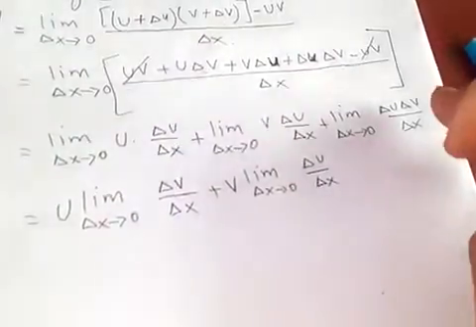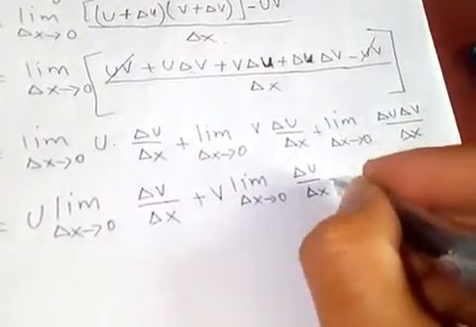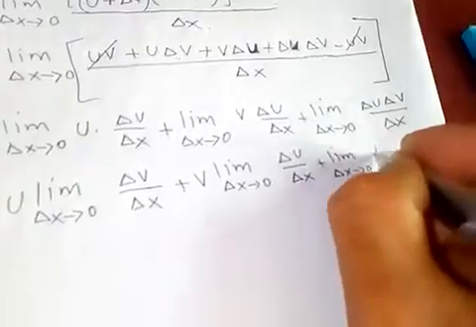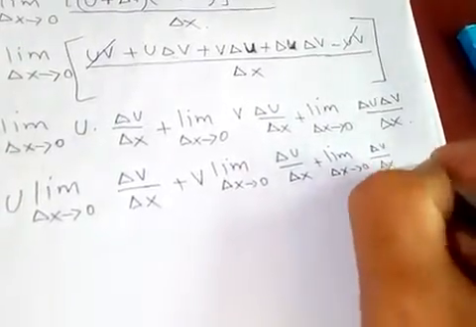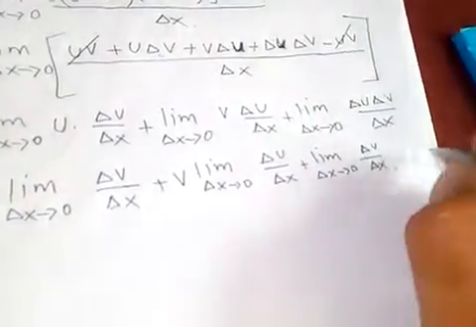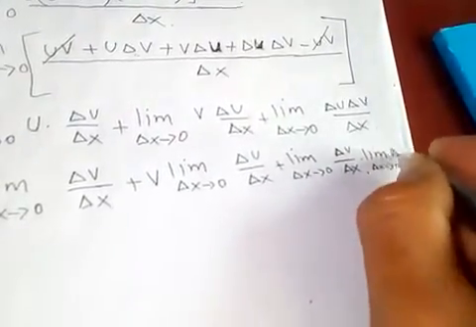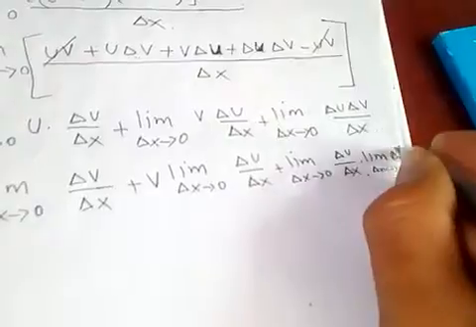And this one is a product again, so I can do it like this: limit delta x tends to 0, delta u over delta x times limit delta x tends to 0, delta v.